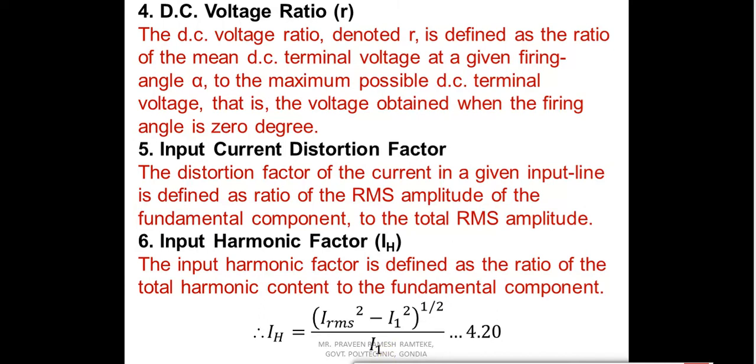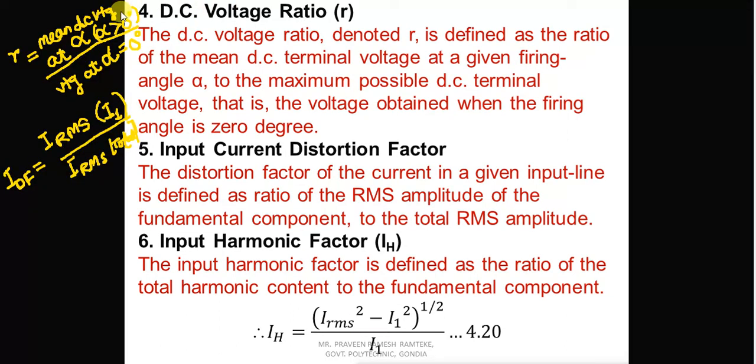So we will see the formulas for all. I will write it down. We can say that the DC voltage ratio, given by small letter r, is equal to the ratio of mean DC voltage at alpha greater than 0 degree divided by voltage at alpha equals 0 degree.